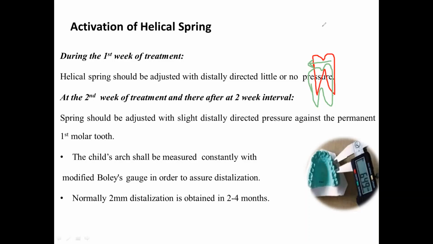The appliance which was given before was in contact with the tooth. But now in this condition, do you think this appliance will be in contact with the tooth? No, it is away. We need this appliance to contact this tooth and to distalize it more. So that's why we recall the patient after some interval and we keep on activating the appliance to have more distalization of the tooth.